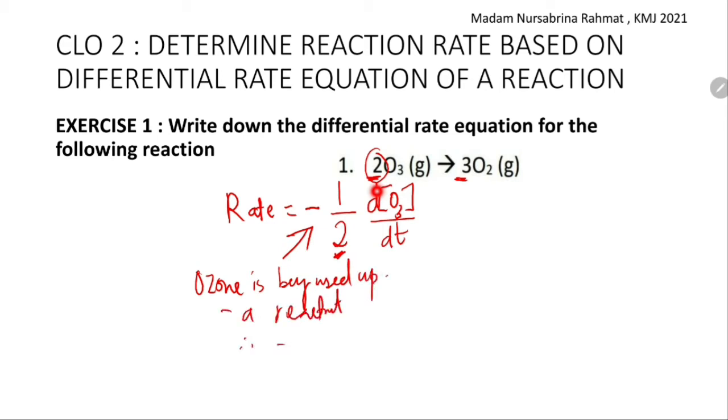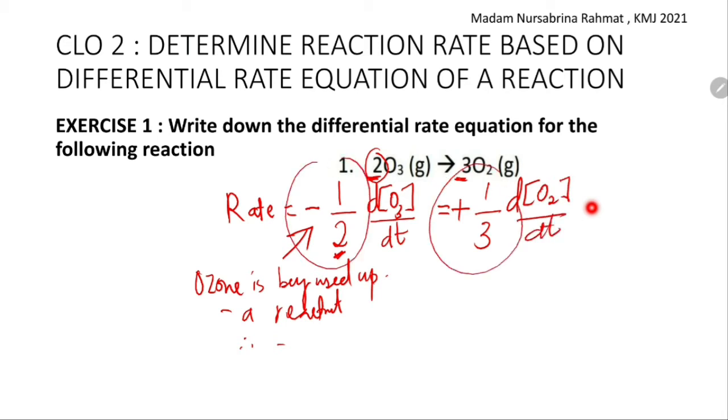Therefore negative, equal to the oxygen term, where the stoichiometric coefficient for oxygen is 3, and we are producing oxygen, so it is positive 1/3 d[O2]/dt.